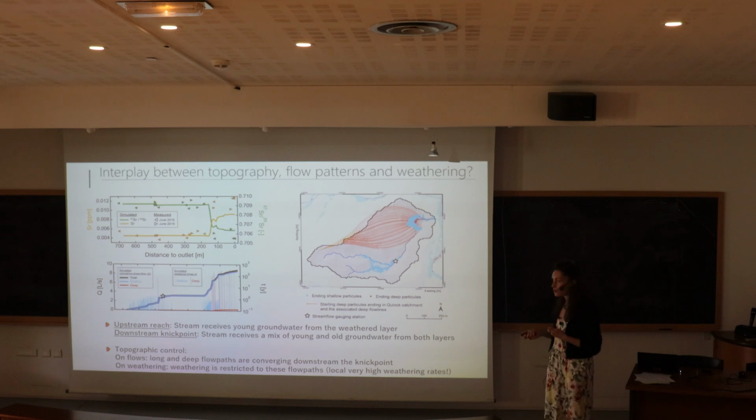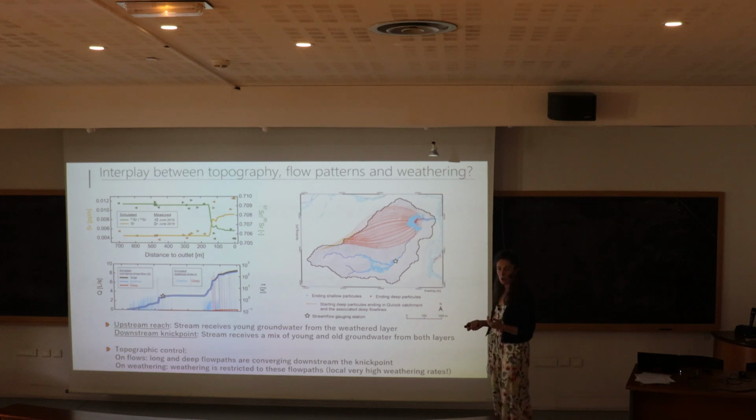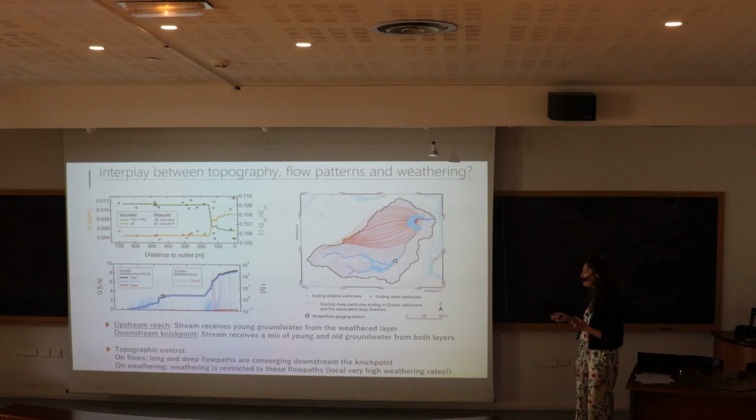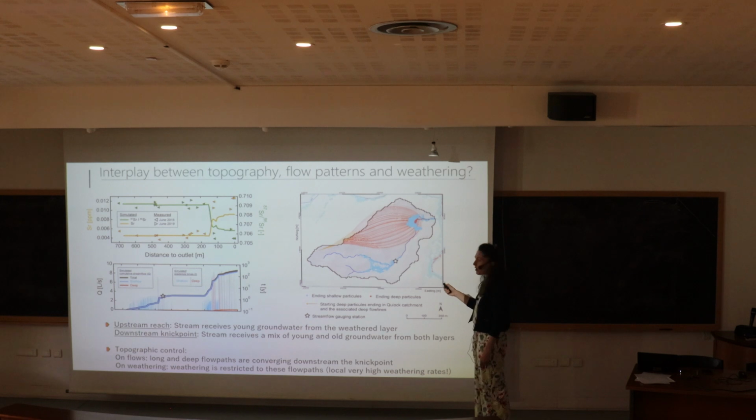Indeed, if we do measurements, it would be hard. We tried. We have some tracer telling us there is some old groundwater, but how old it is, because all of this is a mixing, is a little bit hard to say. Another interesting thing is that we decided to trace all this old groundwater that's arriving in the stream downstream of the knickpoint.